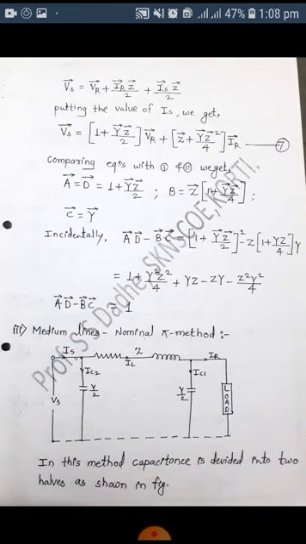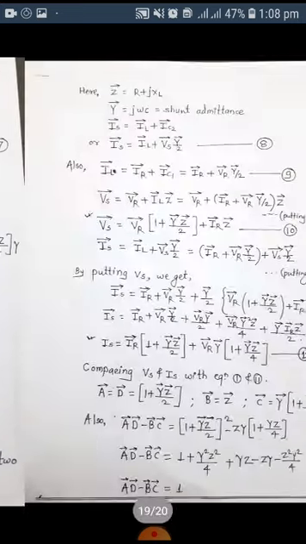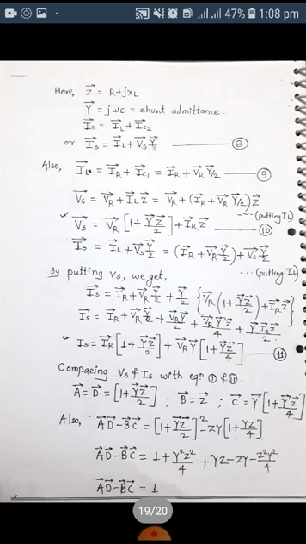That is, we can express sending end voltage in terms of receiving end voltage and receiving end current. Also, we can express sending end current in terms of receiving end voltage and receiving end current. So, here I will write the equation for total impedance of line, Z equal to R plus jXL, very basic equation for the impedance.